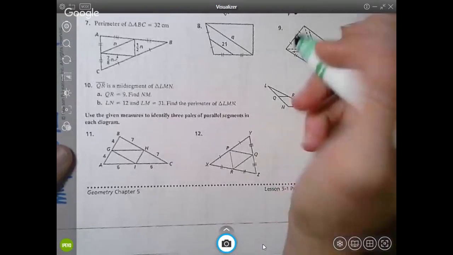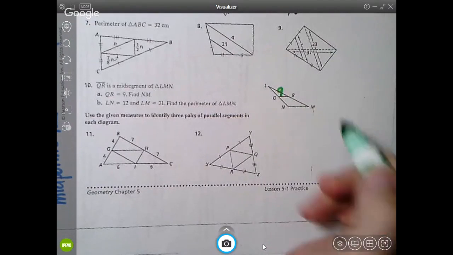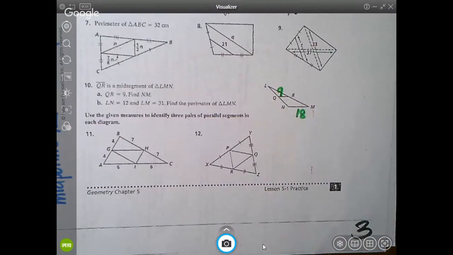And then it says if QR is 9, find NM. This question right here is almost exactly like what will be on your test. So if we go small to big, what do we do with our number? Multiply by 2. So if QR is 9, how long is NM? That's literally the first question of your test with different numbers.